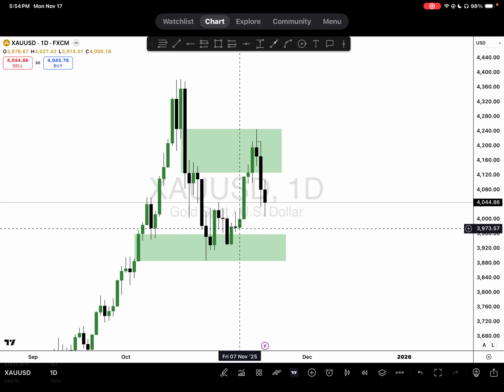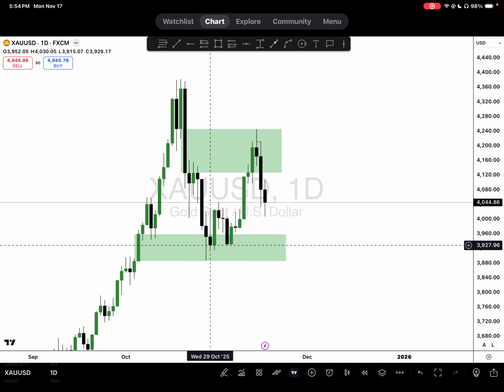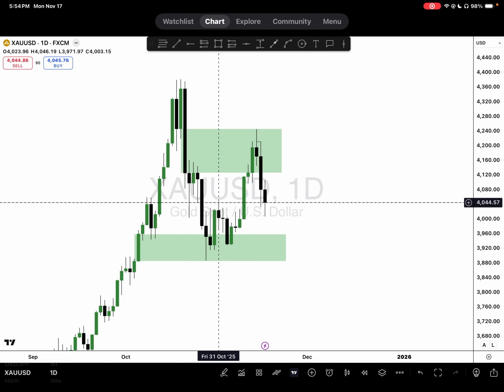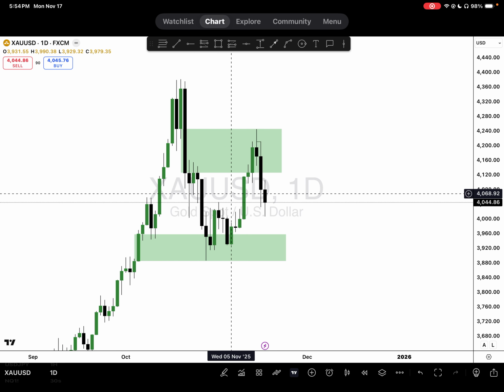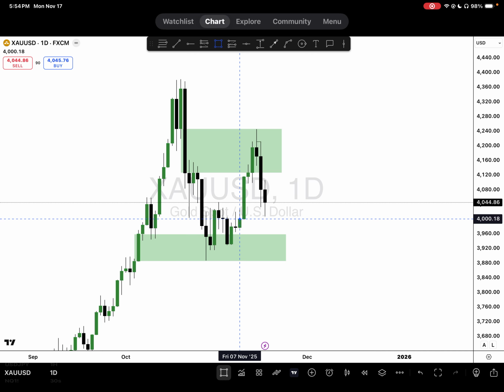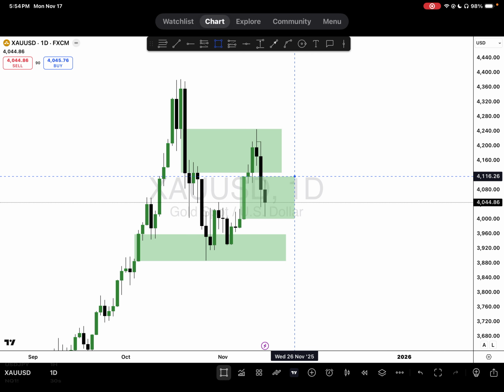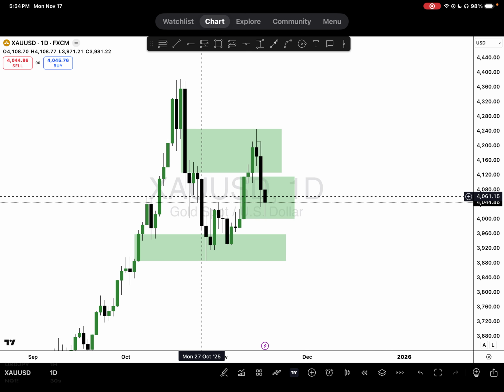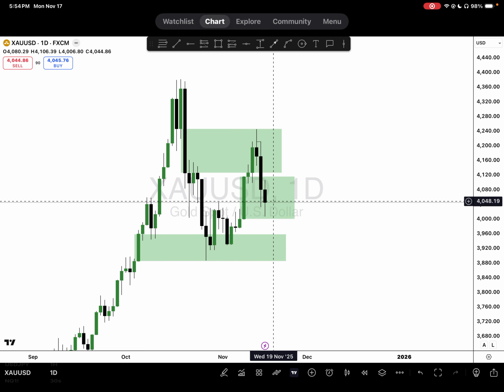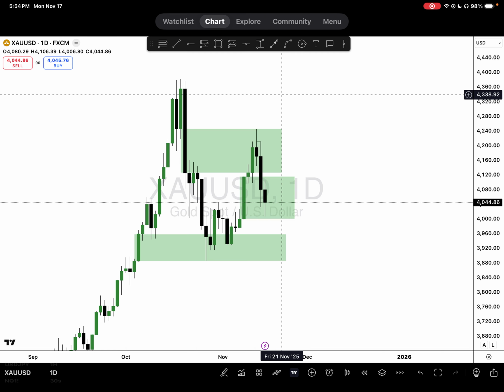And so now what I would be looking for is this mitigation, and then we run this internal high here. And then now we have this price gap that price mitigated today, we'll call it 50% got mitigated, and now we closed inside of it. What we would be expecting is the transition to continue higher.